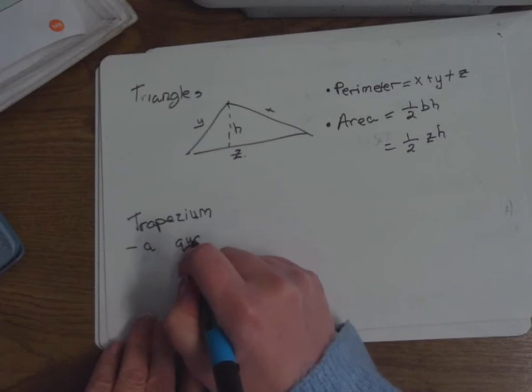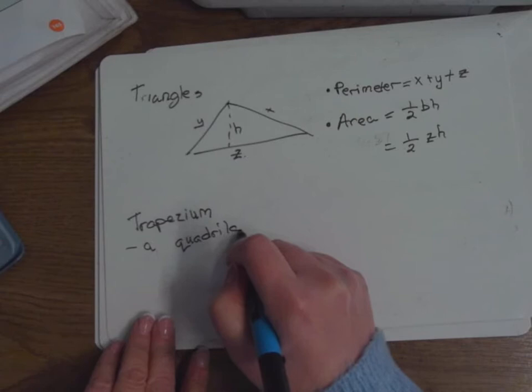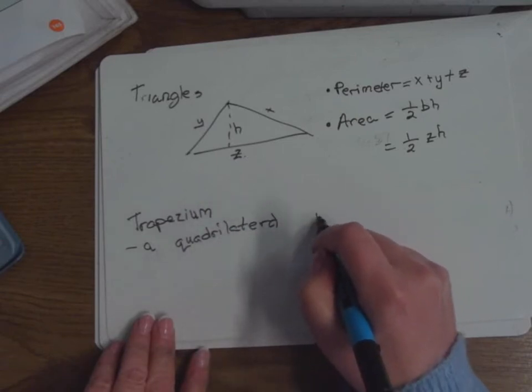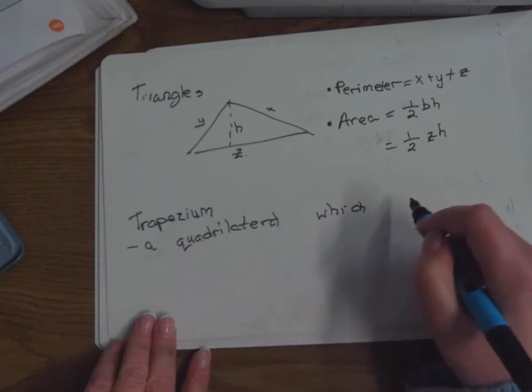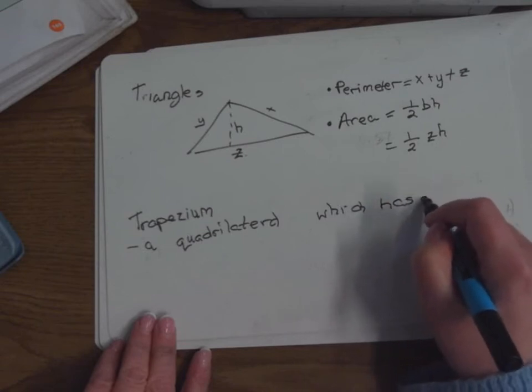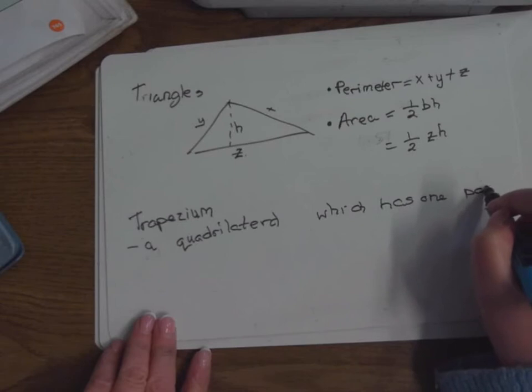So a quadrilateral is a 4-sided shape which has one pair of parallel sides.